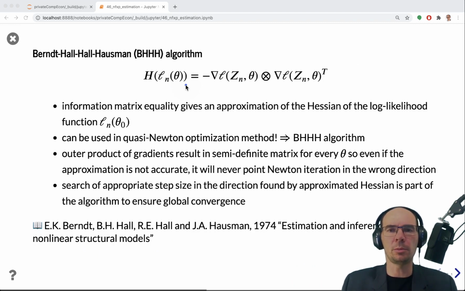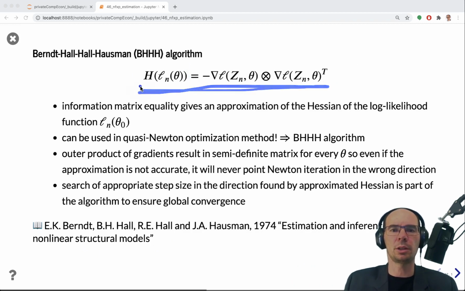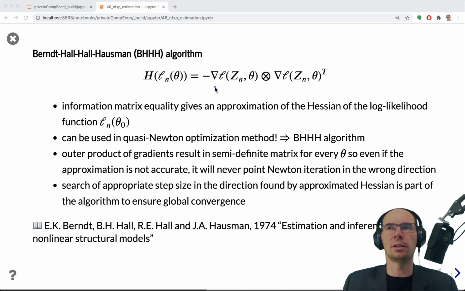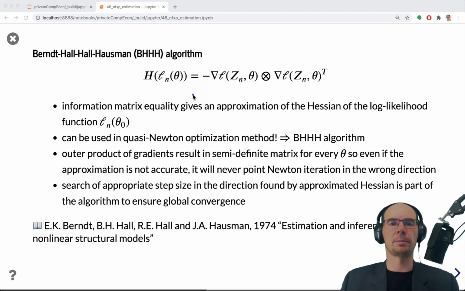And the whole family of methods called quasi-Newton rely on some sort of approximation of the Hessian matrix. Well, here we have a formula for approximating the Hessian at any point theta, based on the fact that at the true value of theta, we have this exact equality.